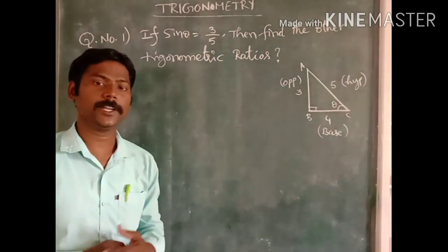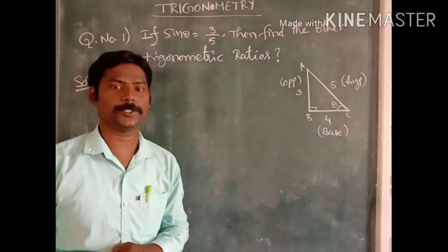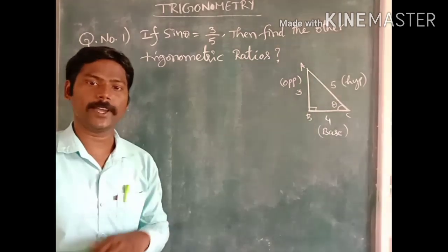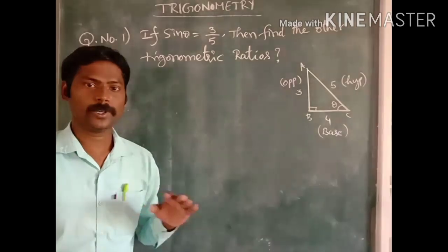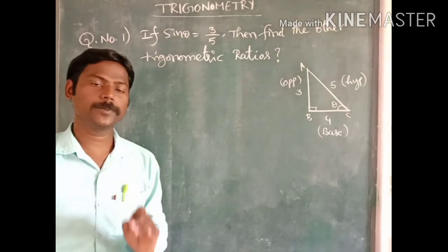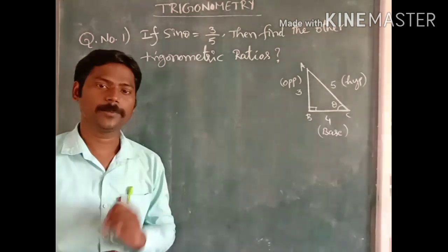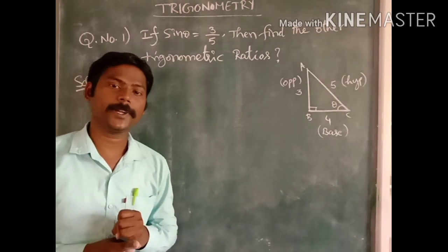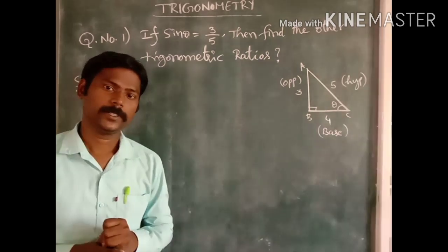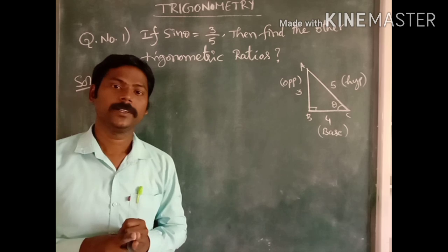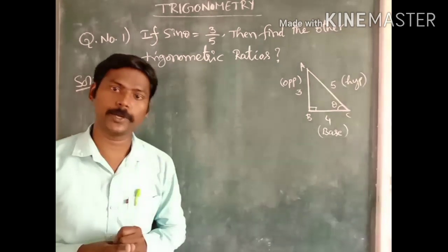So we will find the remaining 5 trigonometric ratios with the help of the given sin theta value. When you are doing this type of problem, you must remember some things. What are they? First, which type of trigonometric ratio is given? Second, what is the definition of the given trigonometric ratio?